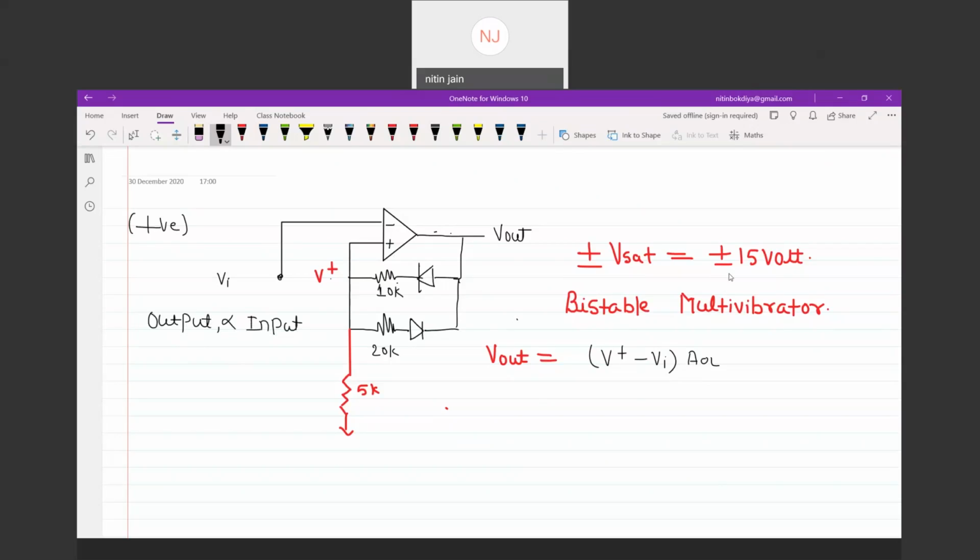So there are two possibilities for V out. Let's say this diode is D1 and this diode is D2. When D1 is on, D2 is off, because both diodes have opposite polarity. Then the output will be V out divided by 15, multiplied by 5. So this is equivalent to plus minus 5 volt.